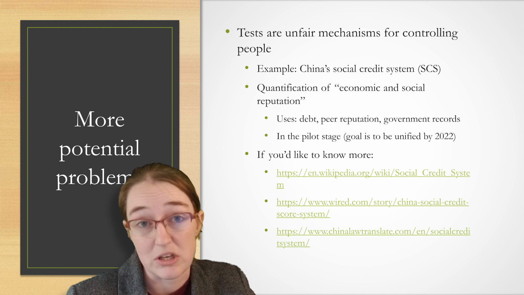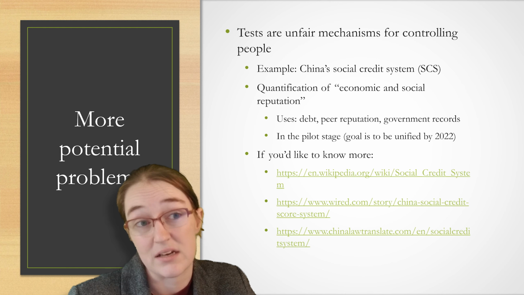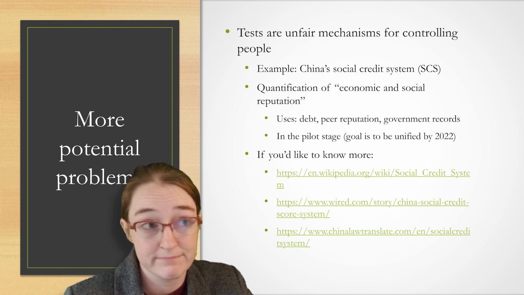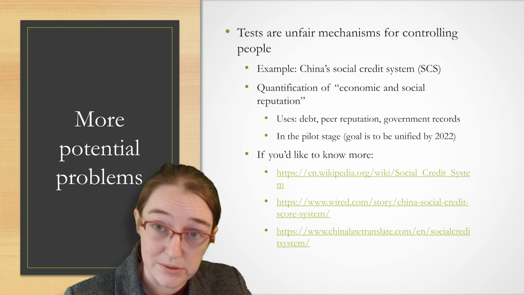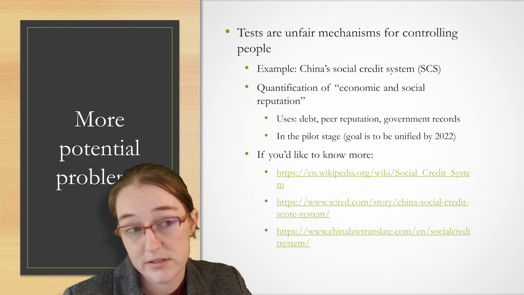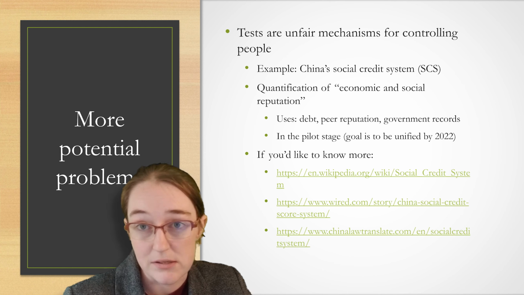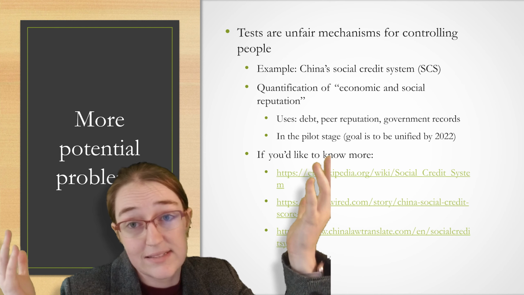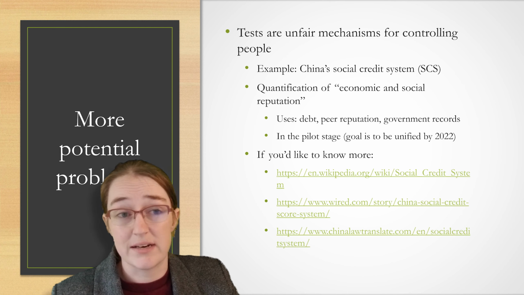People make the argument that they are unfair mechanisms for controlling people. It's true. They can be abused to do this. China's social credit system, just like how Facebook mines all your data, that's an assessment. That's behavioral data.